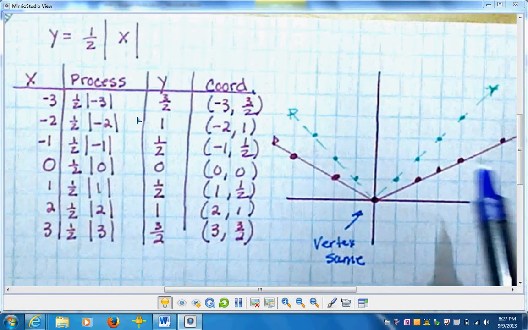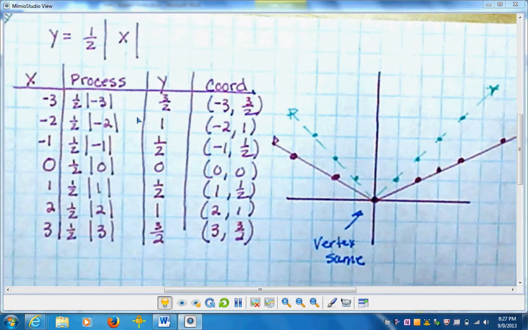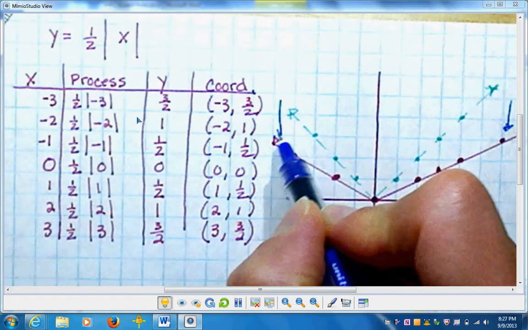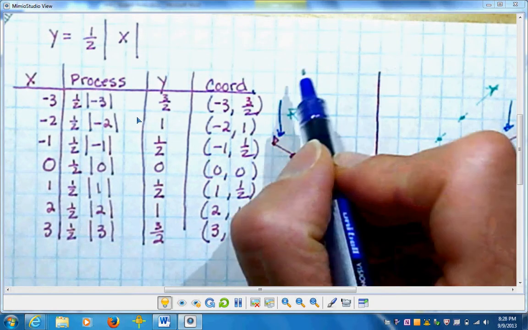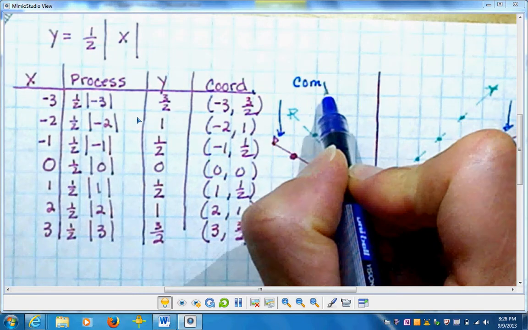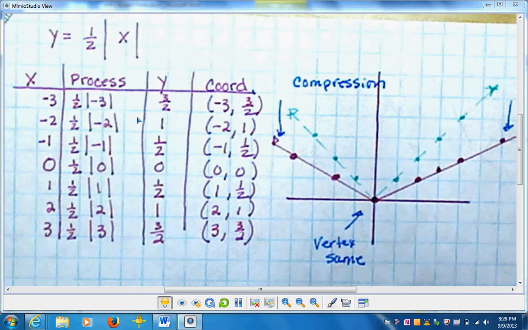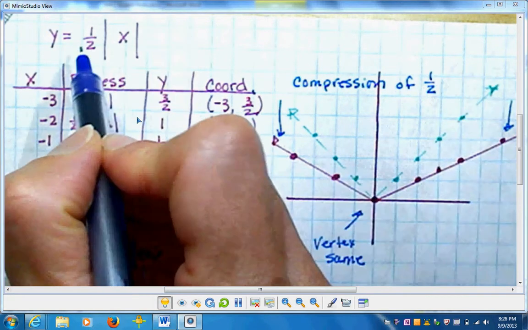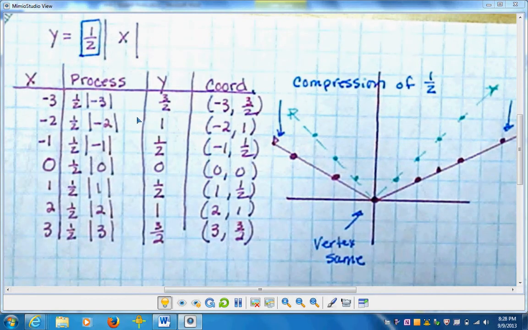But what did we notice? This flattened out, right? It's like somebody was pushing down on the side of our V's, pushing down. So pushing down is called a compression. So what's happened is we've had a compression of 1/2. And we see that 1/2 right here. Compression of 1/2.